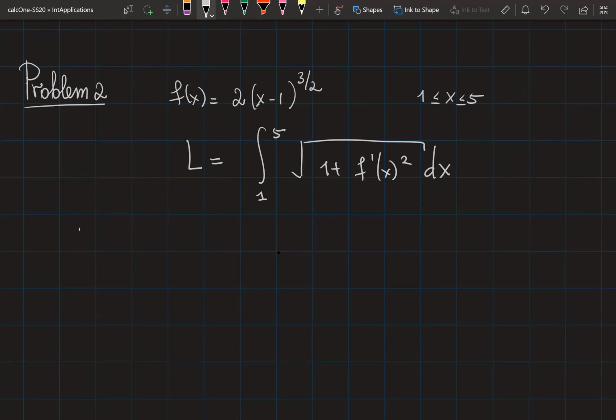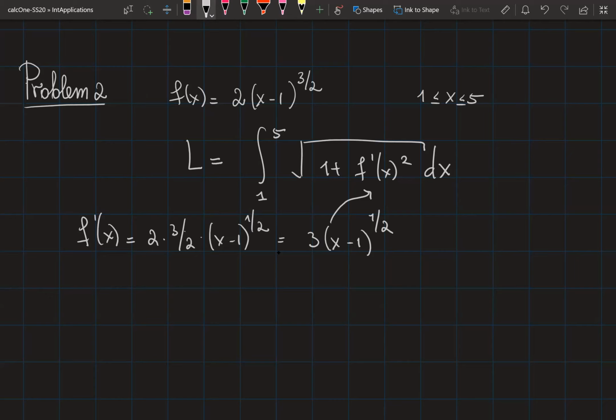So first of all, we are going to find f prime of x. It's going to be equal to 2 times 3 over 2 times x minus 1 to the power of 1 over 2, right? So you can cancel out these terms, and what you have here is 3 times x minus 1 to the power of 1 over 2, and we have to plug this in here. So the length is going to be equal to the integration from 1 to 5 of the square root of 1 plus 9 times x minus 1 to the power of 1 over 2, squared.